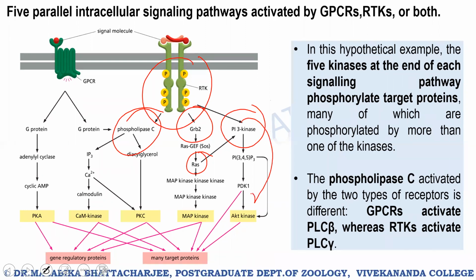So the downstream signaling molecule here is AKT kinase. When RAS is activated, the downstream signaling pathway is MAP kinase. When phospholipase C is activated, the downstream signaling pathway is PKC. Now, we're not getting into details of the signaling pathways because only the basics of RTK are required. So we restrict ourselves to the fact that these are the multiple signaling pathways a receptor tyrosine kinase can activate.